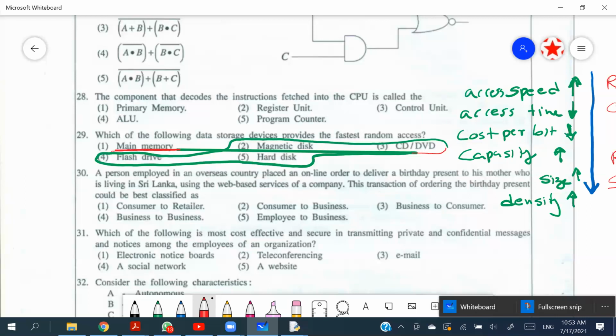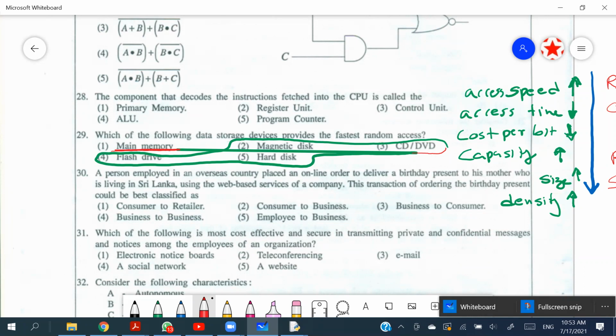And 30th, do we have 30th? Yes. A person employed in an overseas country placed an online order to deliver a birthday present to his mother, who is living in Sri Lanka, using the web-based service of a company. The transaction of ordering the birthday present could be best classified as.